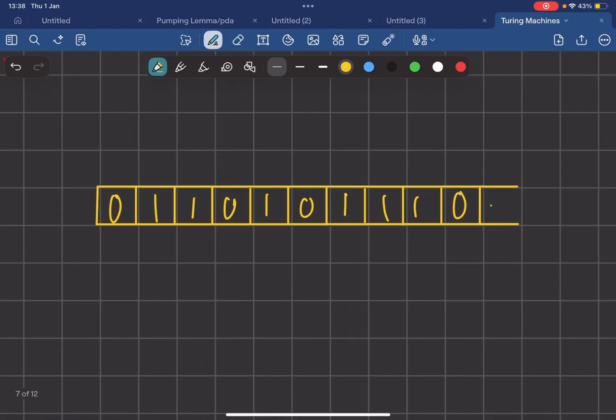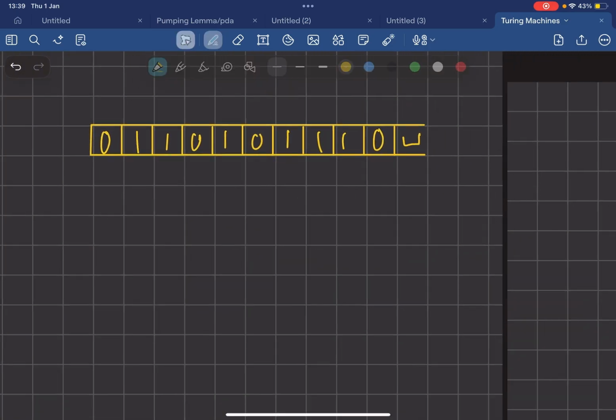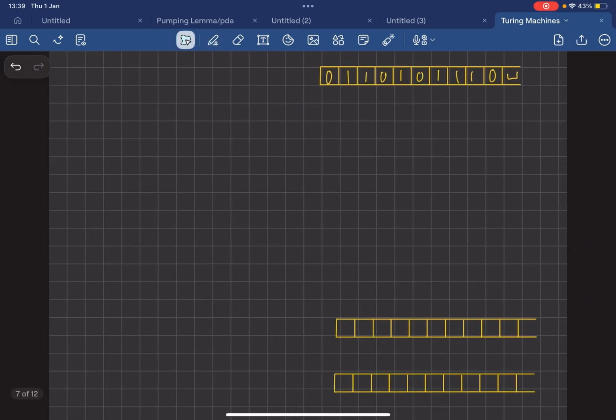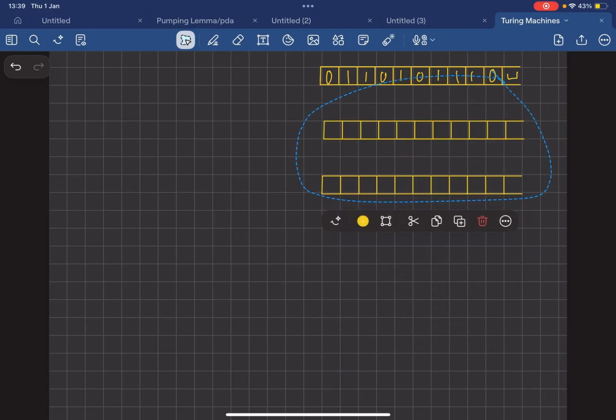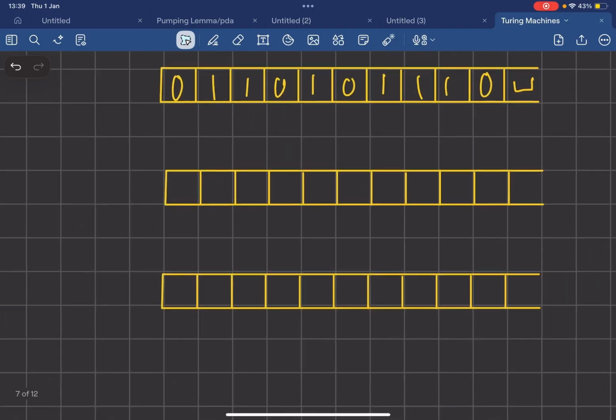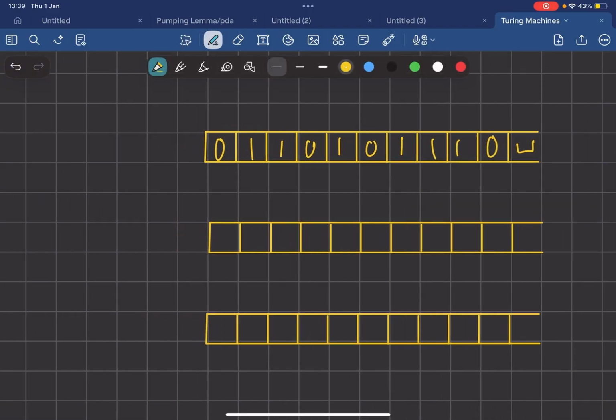What we want to do is get the count of ones, the number of ones in the string, and the number of zeros, and then see if the number of zeros divides into the number of ones. So how could we count the number of ones and zeros? Well, we could use an extra tape or two. We could have a tape that contains all the ones and a tape that contains all the zeros, and that would be equivalent to counting them.